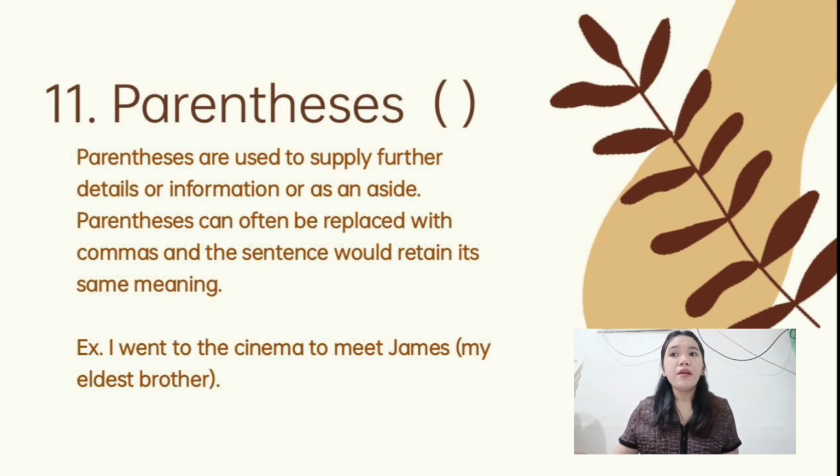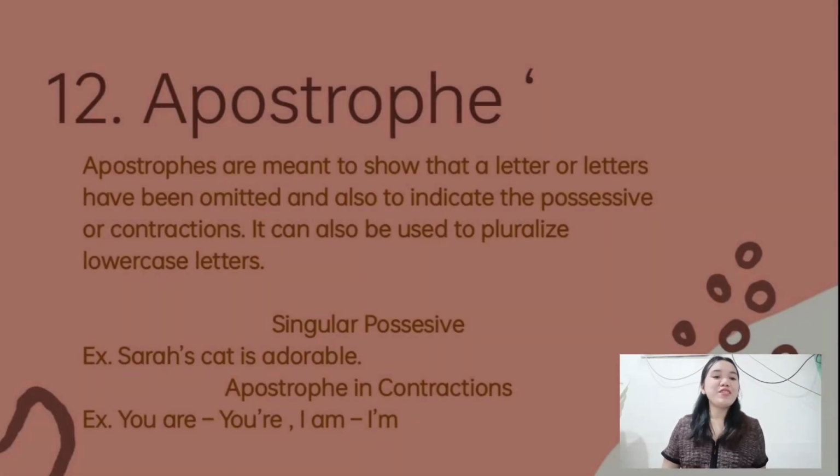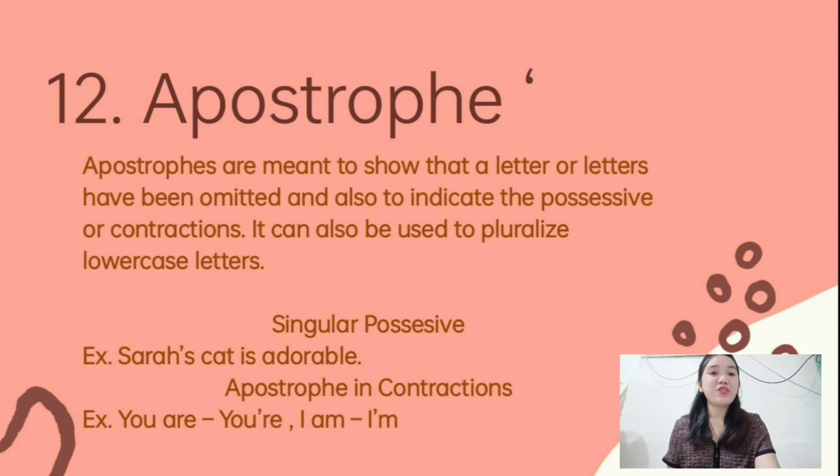That's why my eldest brother is represented, which is James. So by using the parenthesis is to emphasize who is James, and that is the eldest brother. So now let's proceed to the next one, the apostrophe.